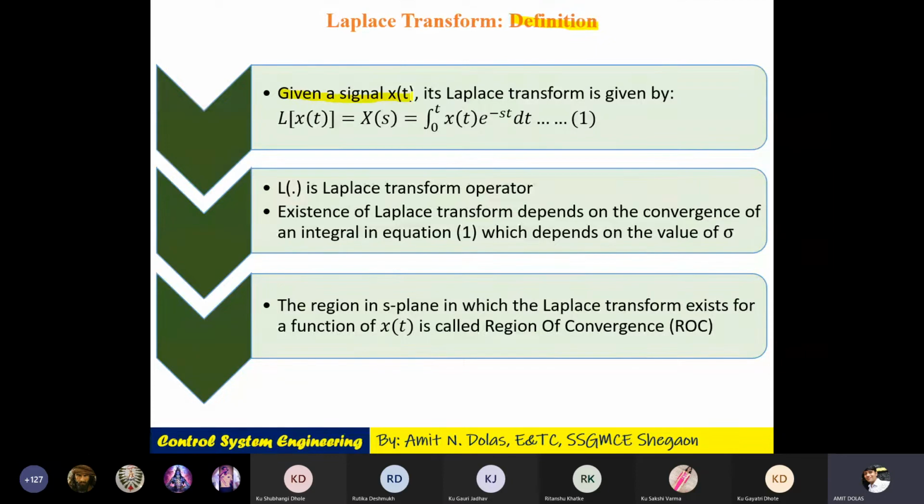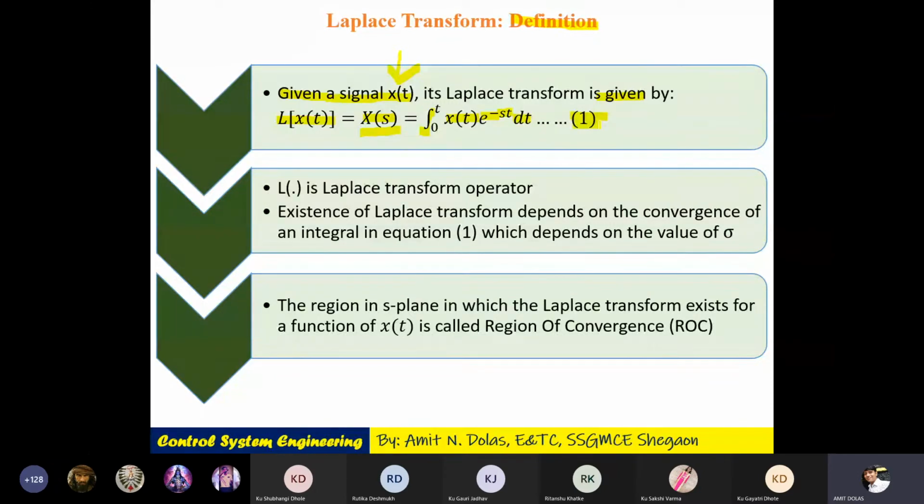Given a signal x of t, which is in time domain, its Laplace transform is given by L of x of t, represented by capital X of s. It will be the integral from 0 to infinity of x of t, that is the signal in time domain, into e raised to power minus st into dt.